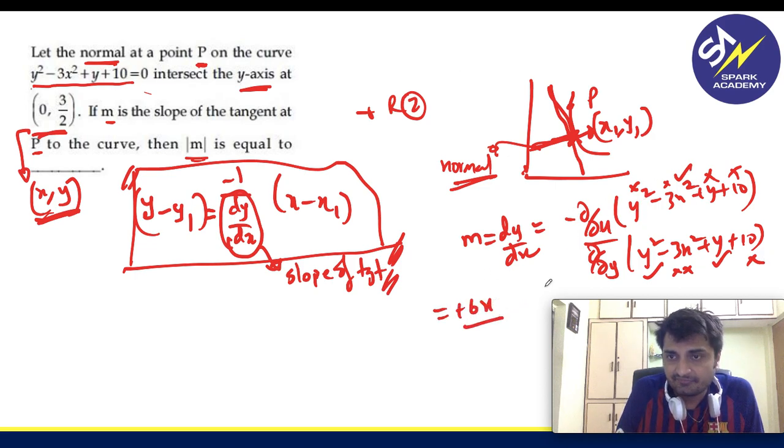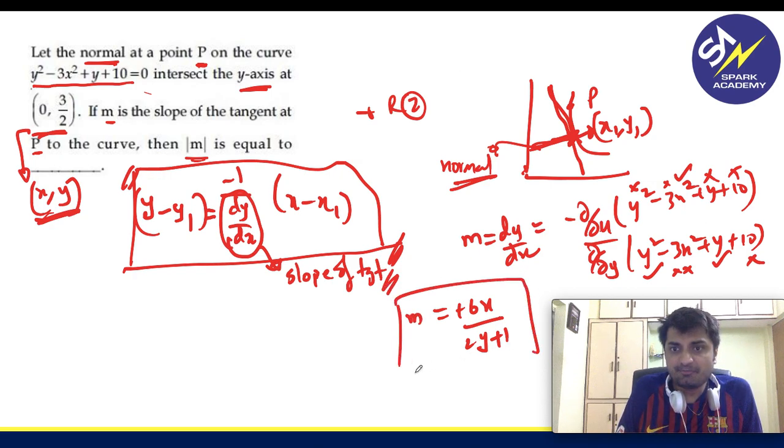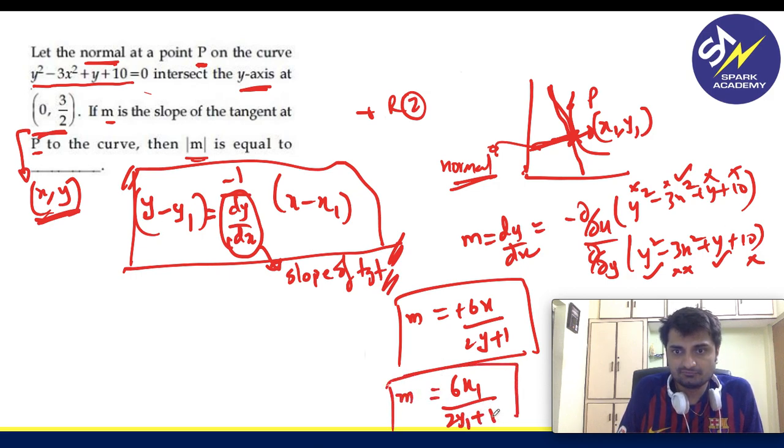Dou by dou y gives 2y plus 1. At the point of contact, this is basically 6x1 by 2y1 plus 1.